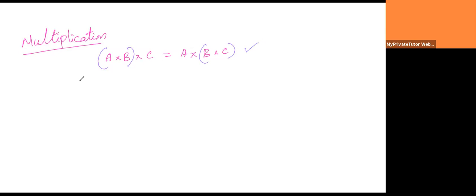So let's take some example. 2 times 3 times 4. So we ended up getting the same answer. If you want to check, just try. 2 threes are 6 times 4, which is 24, and 2 times 12, which is 24. We'll get the same answer. You can see that.